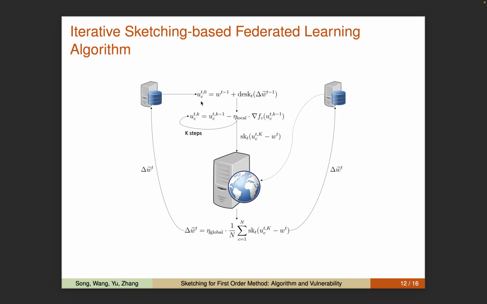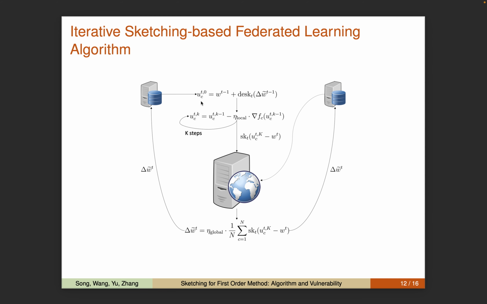After performing this local gradient descent for k steps, it applies the sketching operator to this change, which can be viewed as the difference between your initial weight vector from the central server and the new vector you obtain after k iterations. And it sends this sketched change.